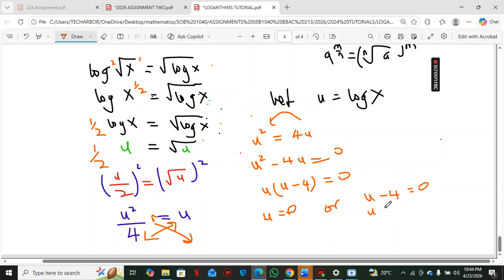Therefore, u equals positive 4. So we have two solutions here: u equals 0 or u equals 4.